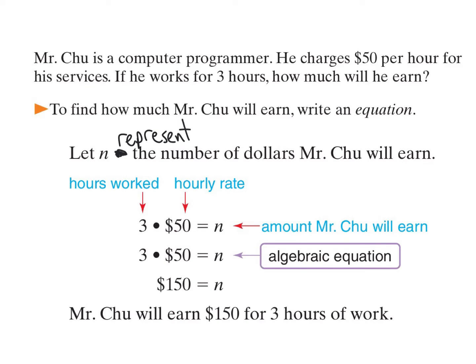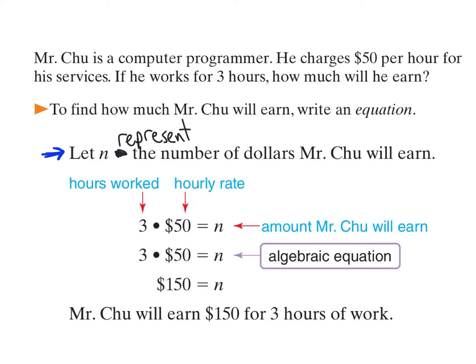So the example it mentions in your book talks about a computer programmer that charges $50 per hour. If he works 3 hours, how much will he earn? So they wrote an equation, and before they wrote the equation, they defined their variable, which we talked about earlier in this chapter. This is defining the variable. It's picking a letter and telling what it represents.